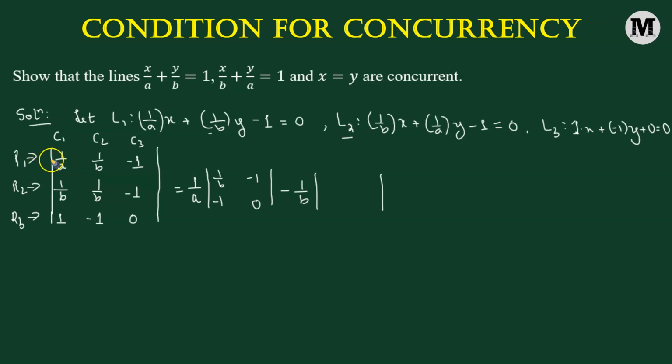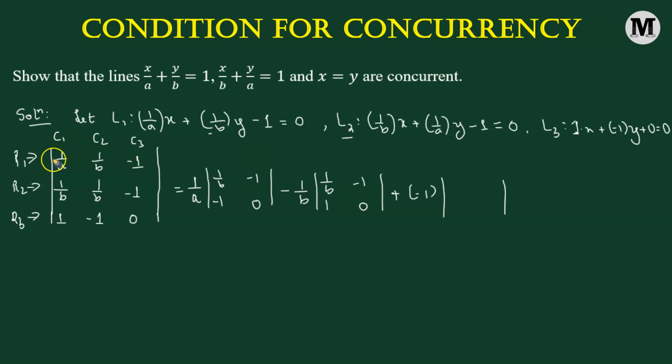We're going to reject the entire row that contains the term 1 over b. So R1 will be rejected and C2 also has to get rejected. And that leaves us with 1 over b, -1, 1 and 0. And finally, coming to the third term, we have positive. However, we have -1 present in the first row, third column. So we're going to place here -1. So this is going to get multiplied to a 2 by 2 determinant.